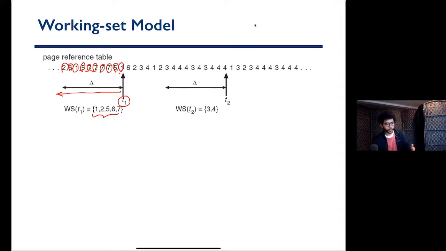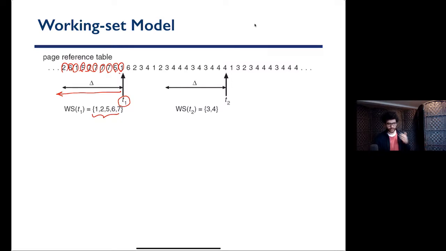In this example, page 7 was referenced a lot, so I pick one of them. So I have 1, 2, 5, 6, and 7. Now this will tell me approximately what my working set size is. So at this point in T1, my working set is around 5.